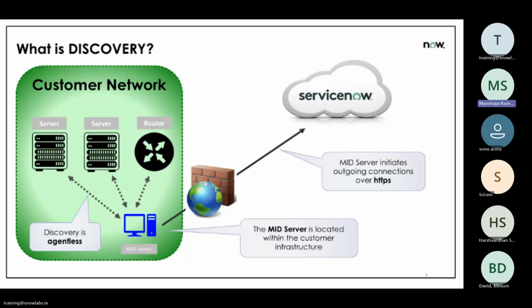A tablet also can be discovered using discovery, anything which is connected to the internet. When you connect your tablet using Wi-Fi, that means you are connected over the internet, so it can be discovered. The tablet will be running Android or something like that, but nevertheless it has an operating system connected to the internet, right?